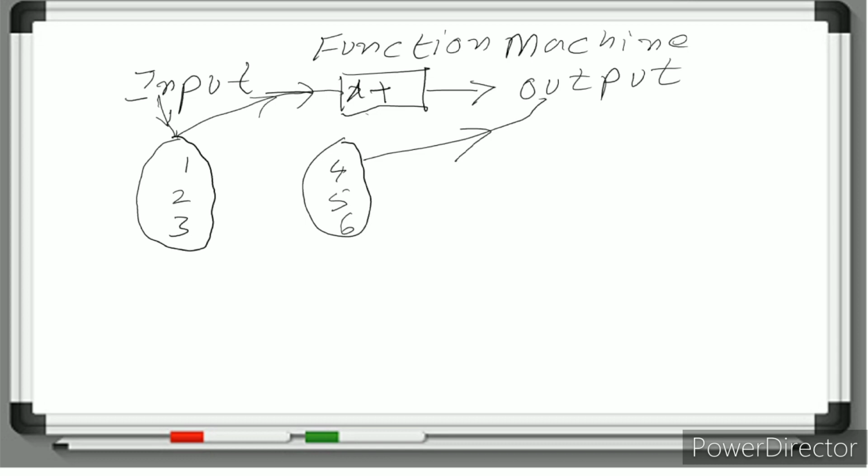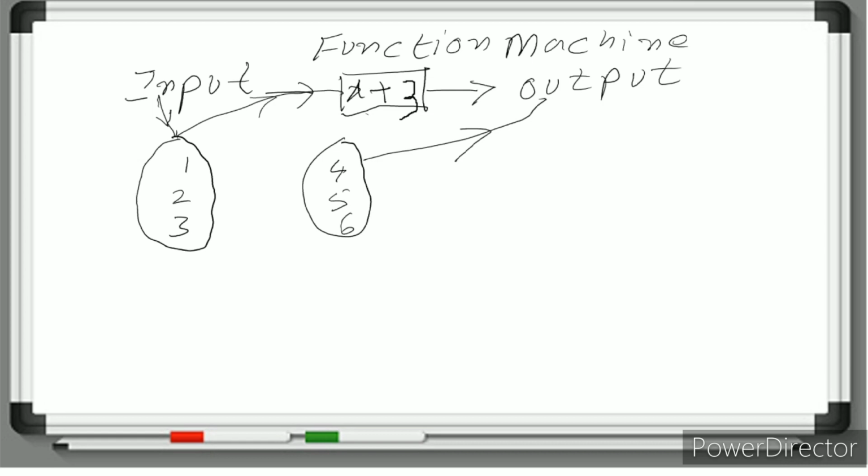So what is x here, boys? I told that I will take the rule in the function machine as x plus 3. Now what is x? The input which I am taking here, these inputs we generally call x.